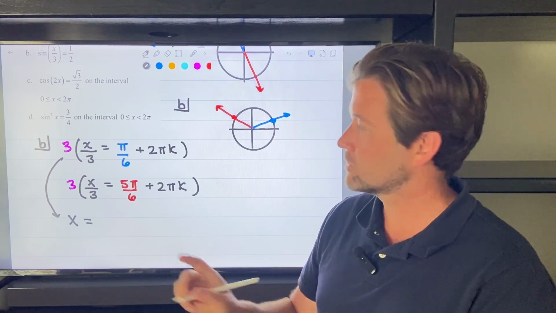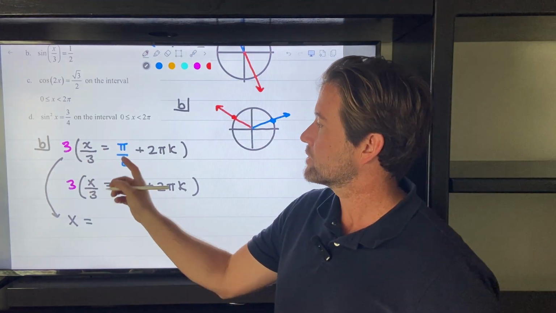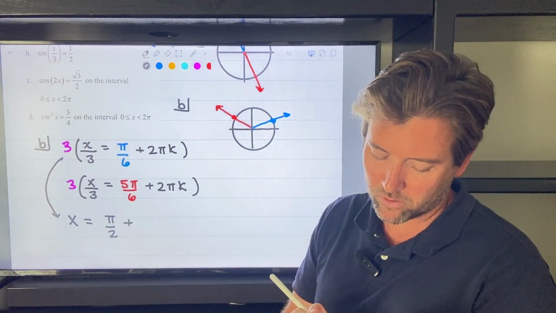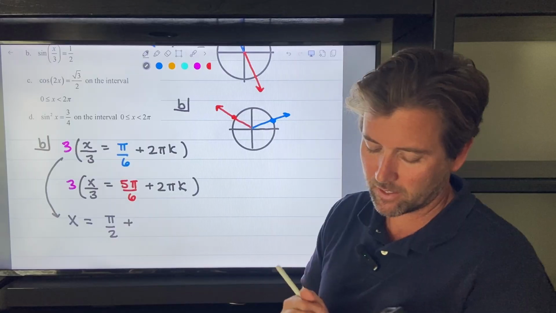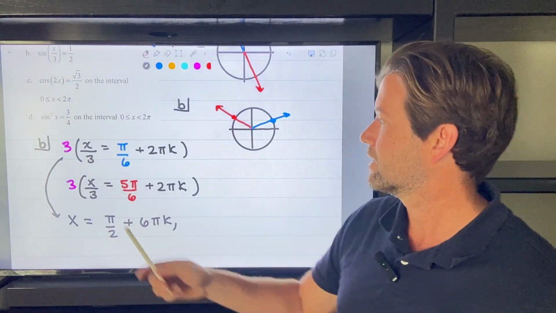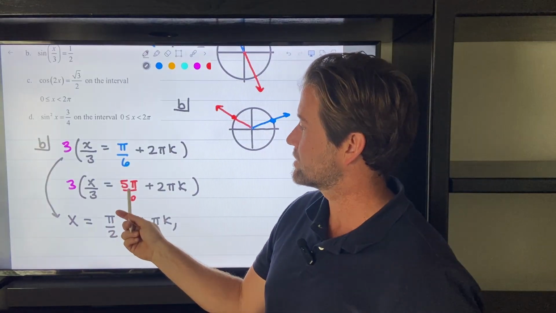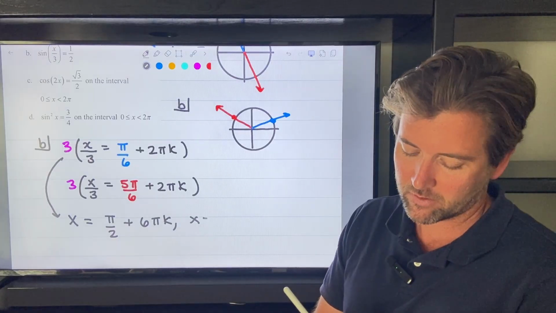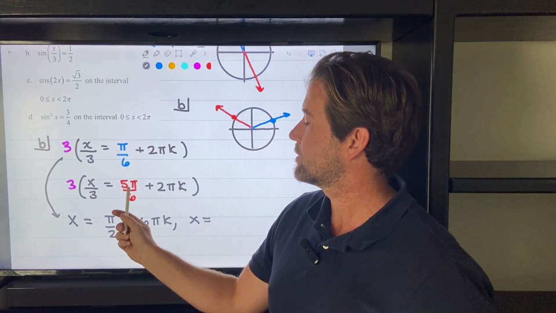So we get x equals 3 times pi over 6, that'll reduce to pi over 2, plus 3 times 2 pi k is 6 pi k. Now we're going to take 3 times this, times x over 3 is just x. Then 3 times 5 is 15 pi over 6.